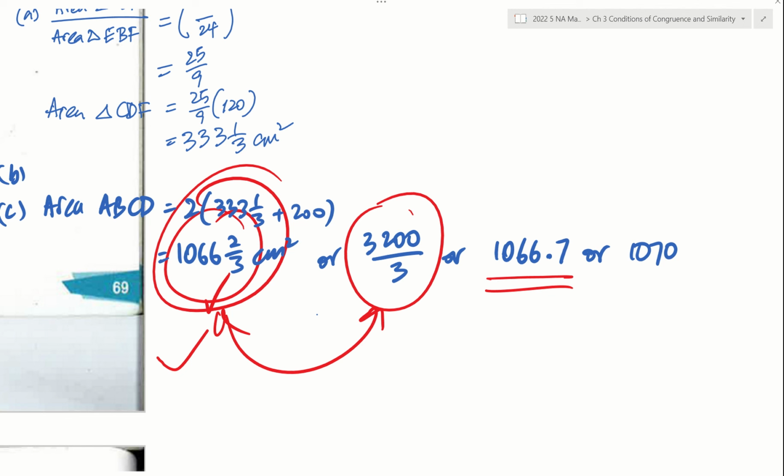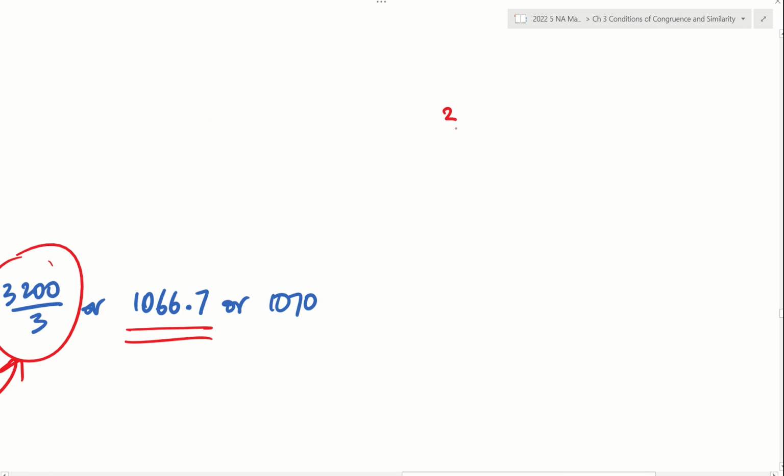They say leave non-exact answers in 3 SF. You know what that means? Non-exact, what kind of numbers are we talking about? Numbers that cannot be a fraction. They are talking about irrational numbers, such as 3 pi. It is not an exact one. 3 times pi, you get 9.4247 and so on.